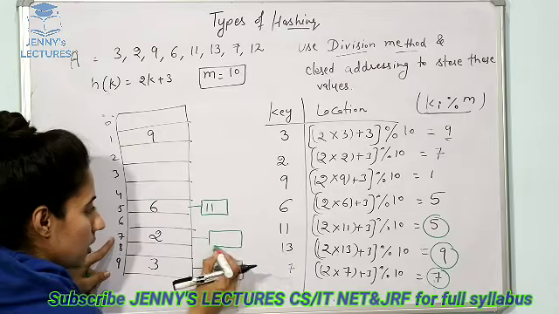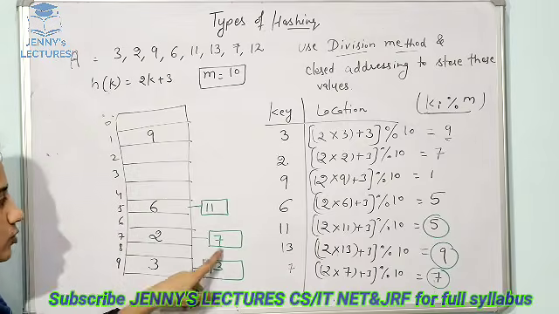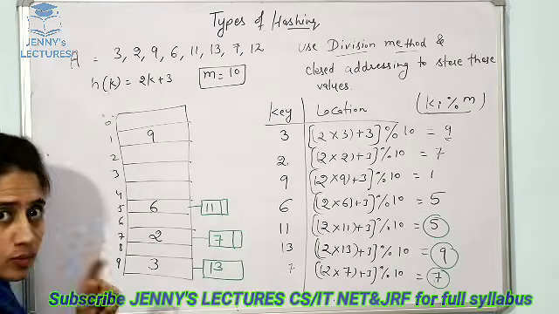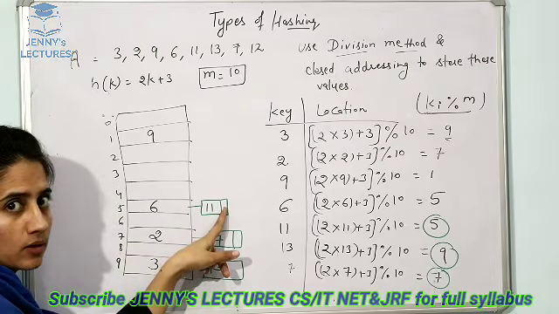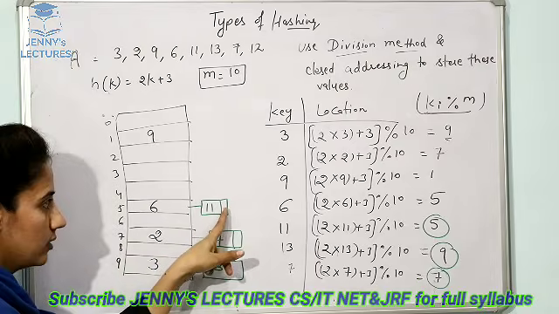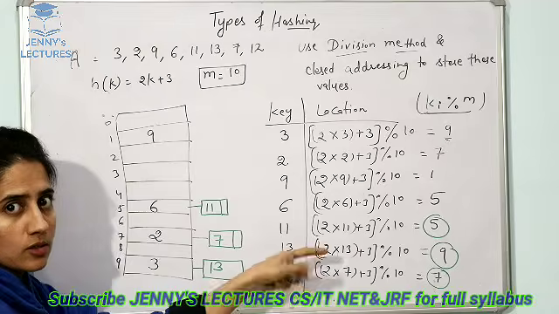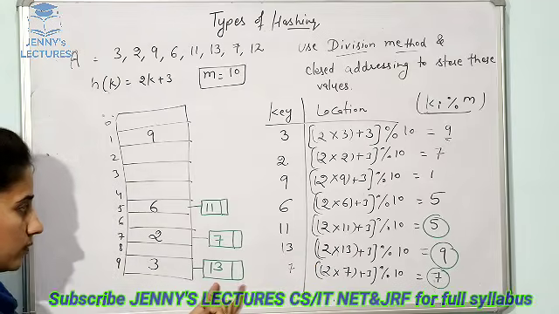So in the chaining method, a separate linked list would be created and the 7 would be stored at this place. This is a linked list. In a linked list, one node has two parts: one is the information part and the other is the address part. This pointer will contain the address of the next node. You can denote it like this.